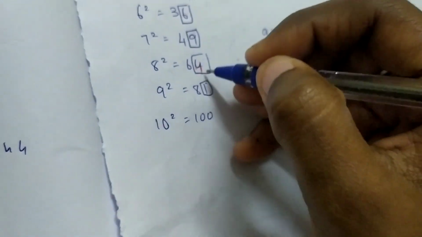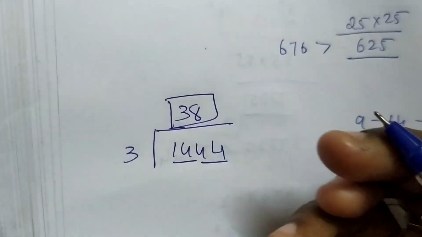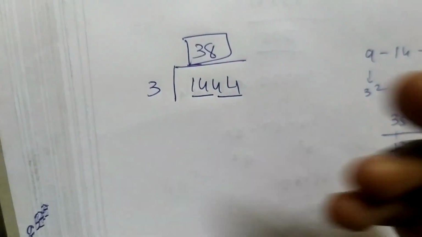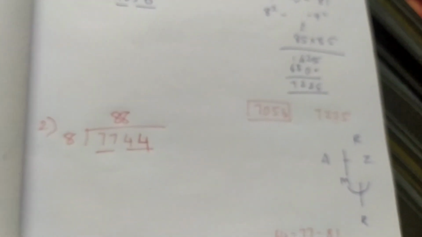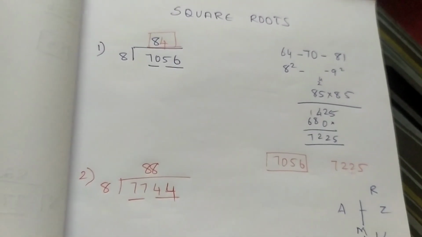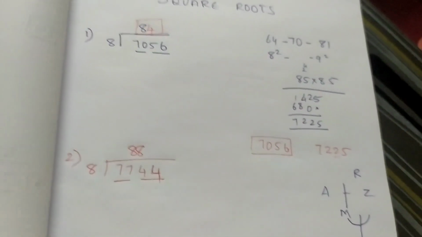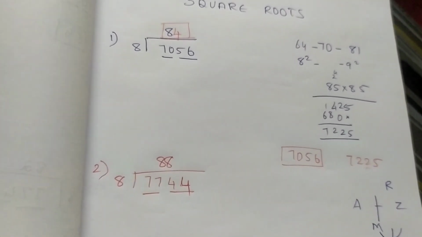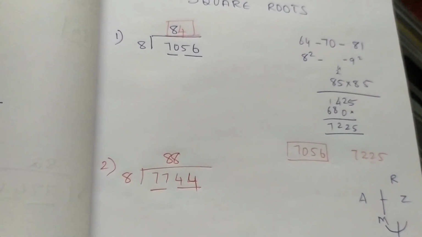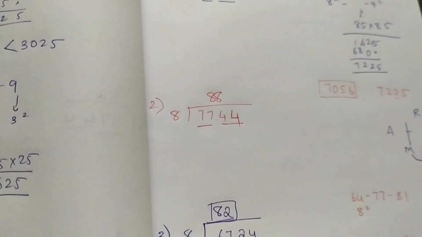So consider the last digit, which is 4, that is 8 square. So the answer would be 38. When you take 38 into 38, you will get 1444. At first you may feel this method is quite difficult, but if you learn that method and work out 5 or 6 problems, you can easily go through this method. This method is very easy.